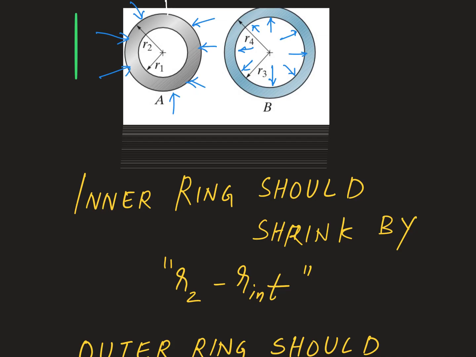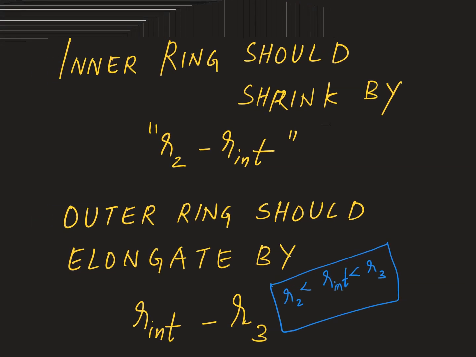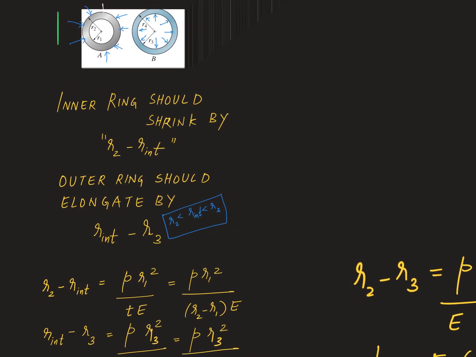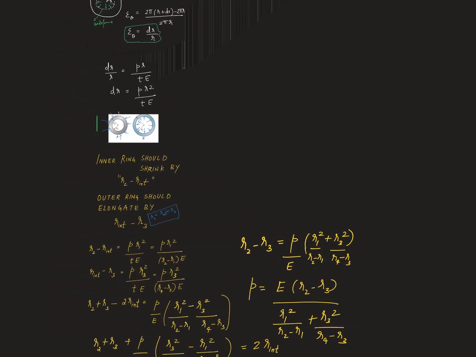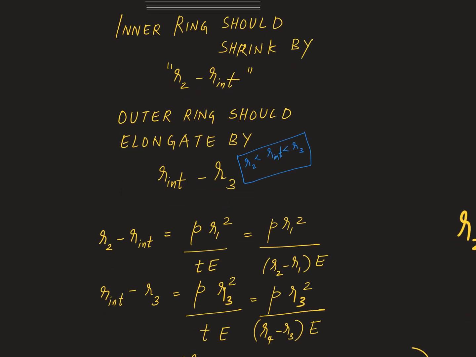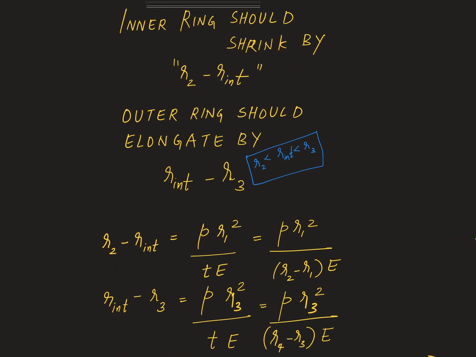We know physically the inner ring should shrink by R2 minus R int. Now we should translate that physical statement into a mathematical statement. That's what I am trying to do over here. See, the radial deformation in the inner ring should be R2 minus R int, then equal to P, the contact pressure, R1 square is the radius.